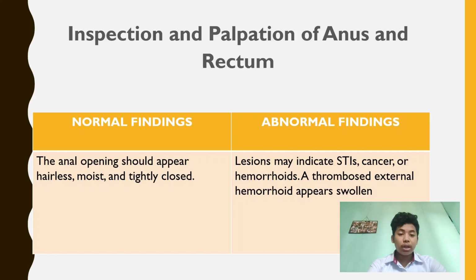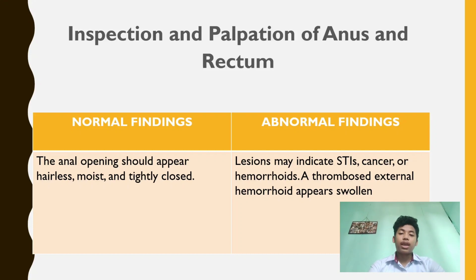For the abnormal findings, lesions may indicate STIs, cancer, or hemorrhoids. A thrombosed external hemorrhoid appears swollen. It is itchy, painful, and bleeds when the client passes stool. A painful mass that is hardened and reddened suggests a perineal abscess.